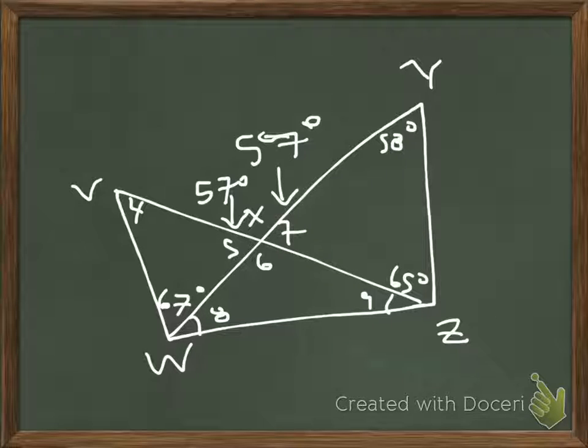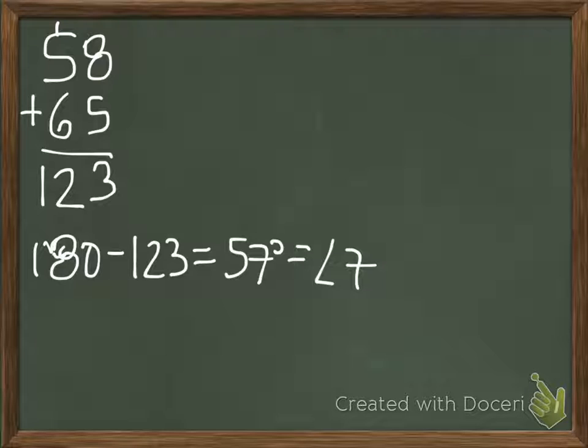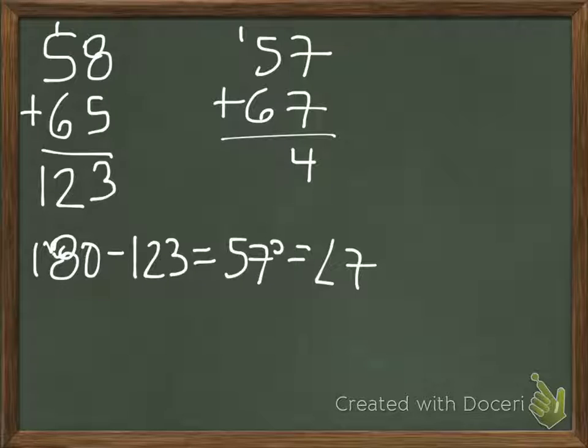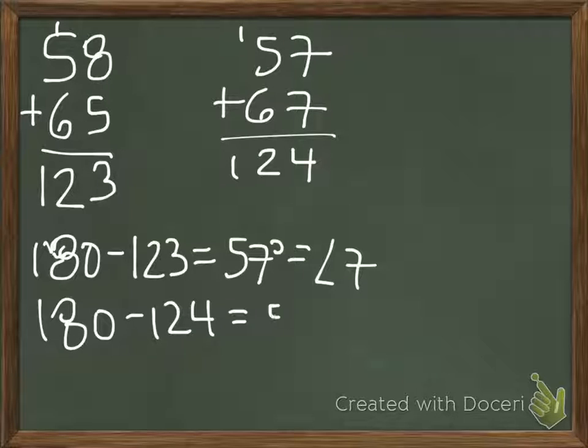Now, again, we have two angles out of the three for triangle XVW. So we can add 57 plus 67 and subtract that from 180 to get angle 4. So 180 minus 124 gives me 56 degrees for angle 4.